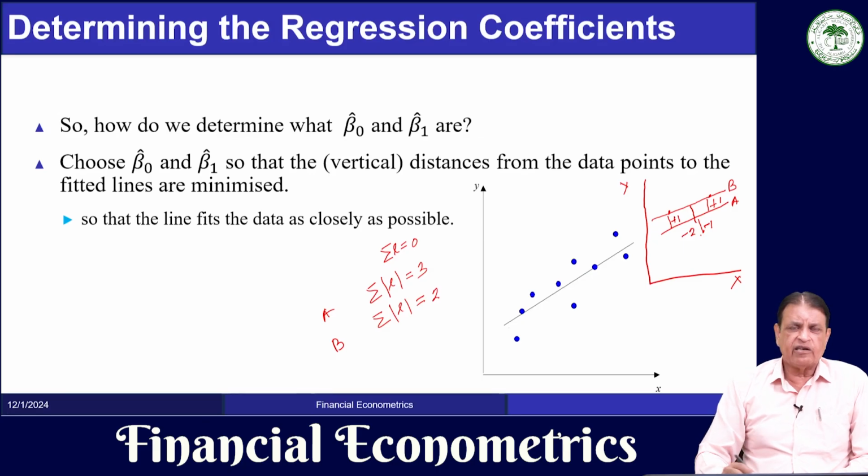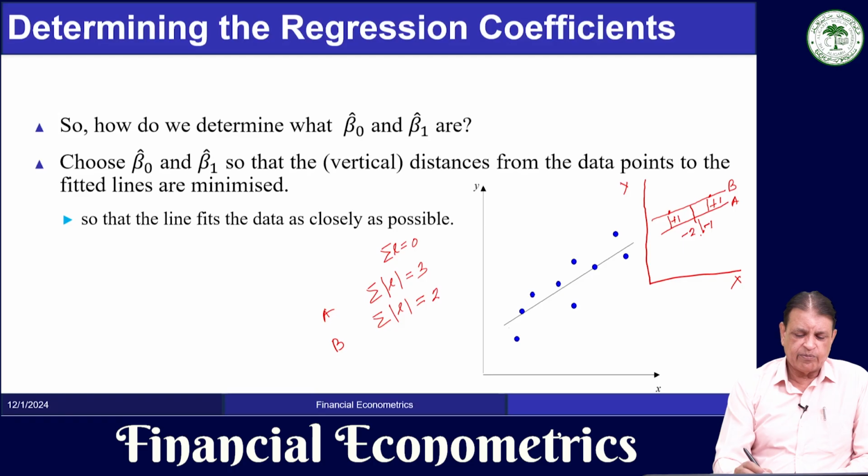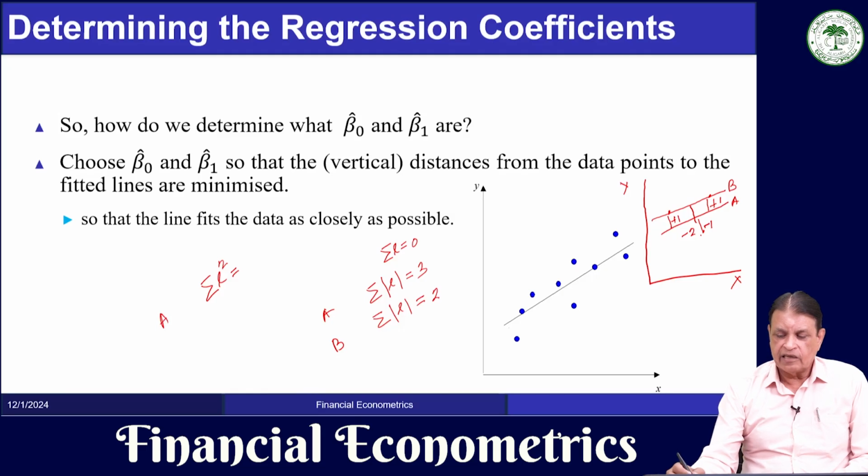Then there is another way of tackling the sign, and that is, instead of minimizing the mod value of error, we can minimize the squared value of the error. If we take the square value of error in case of line A, all the errors are squared, so the sign problem is tackled.